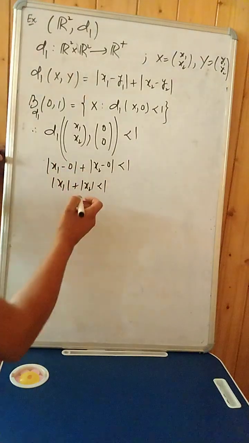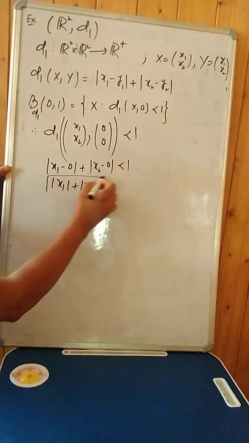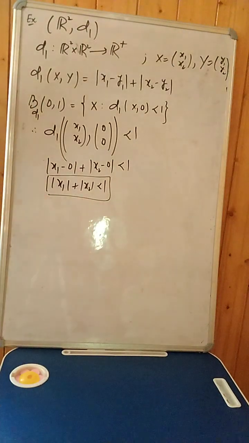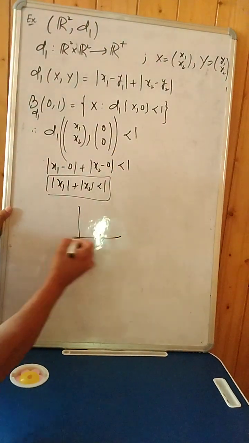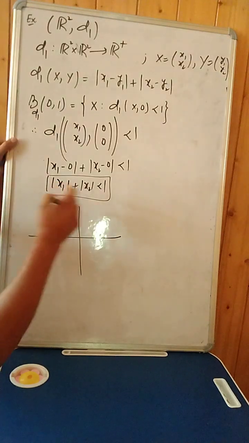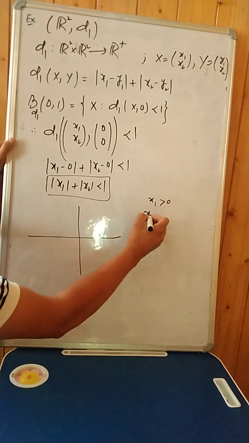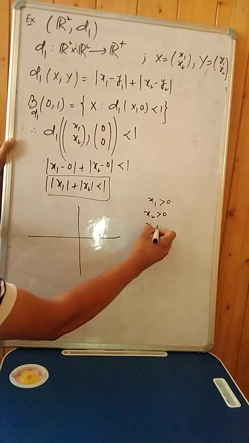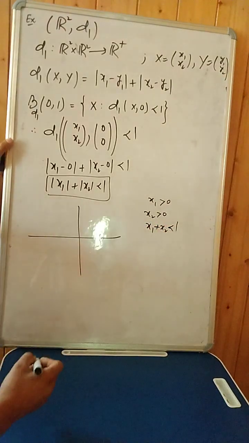Now let's try to find the graph of this. It goes like this. That is, if x1 is positive and x2 is positive, then this will represent x1 plus x2 less than 1.